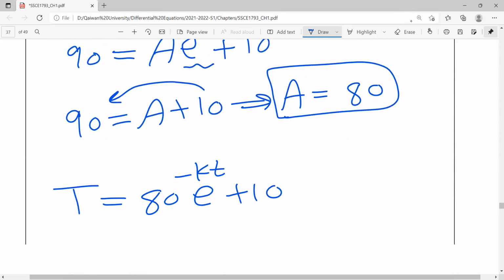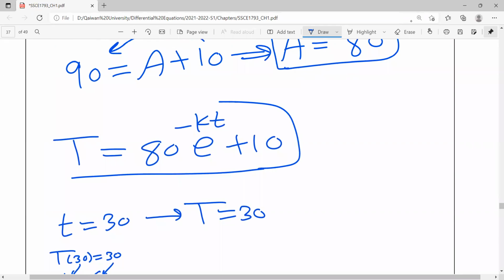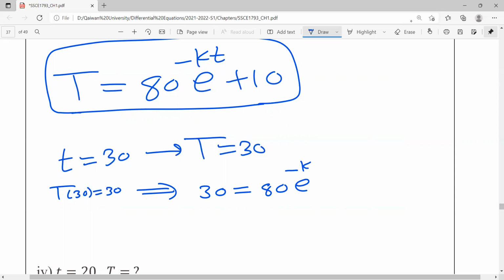So in this equation, we replace both by 30, and let's see what we get. 30 equals 80 e to the power minus K times 30, which is minus 30K, plus 10.